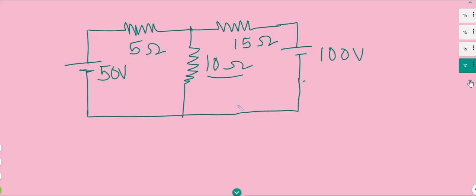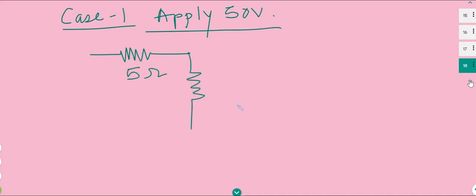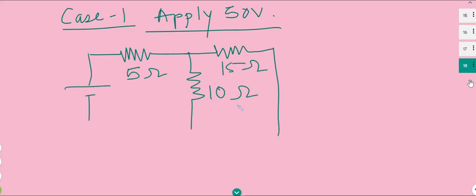So we will follow the same process which we have discussed. First we will apply 50 volt, then 100 volt. So case 1, or you can write step 1, apply 50 volt. And you have to replace all other energy sources with their internal resistance. So what will be the change in the circuit? Over here you can see this is the 10 ohm resistor, this is 15 ohm, and here you have applied 50 volt.